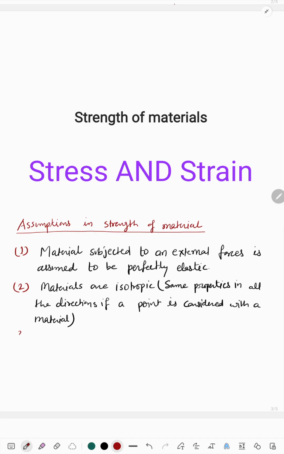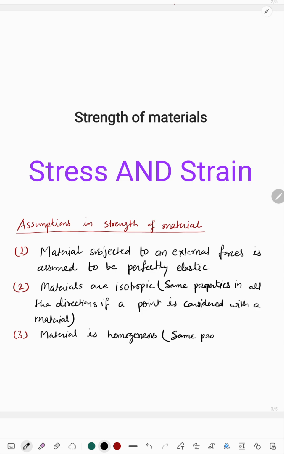Next, the third point is that the material is homogeneous. It means same properties anywhere within the material.